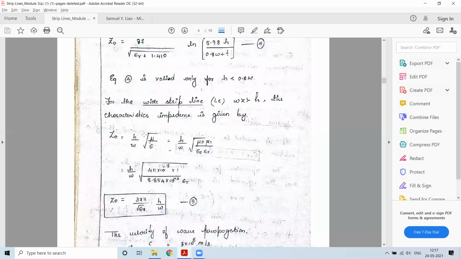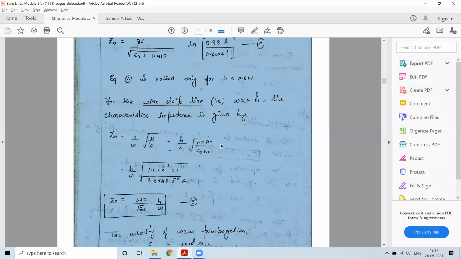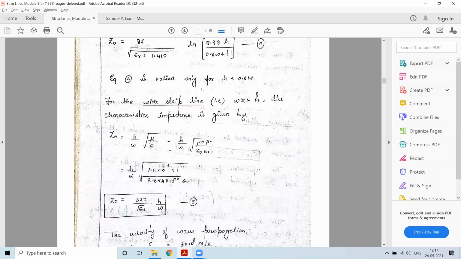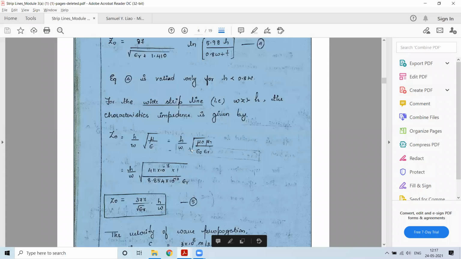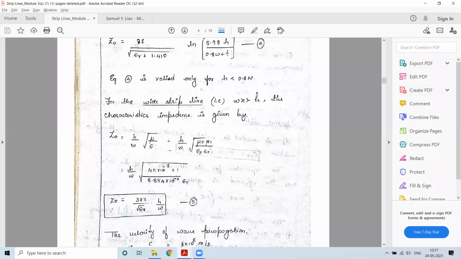But what is mu by epsilon? Mu by epsilon is again relevant to the intrinsic impedance. Now, if we consider a non-vacuum medium, then mu will be replaced with mu naught into relative permeability, and epsilon will be replaced with epsilon naught into epsilon r. And as we know, square root of mu naught divided by epsilon naught is nothing but the intrinsic impedance of free space, which is 377 ohm, or 120 pi ohm.